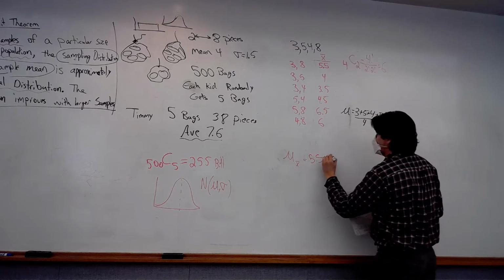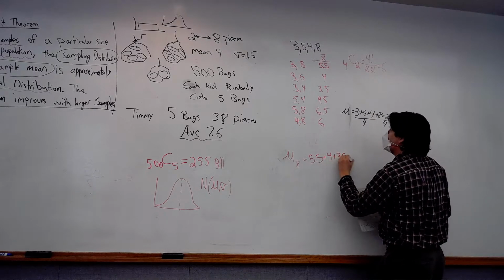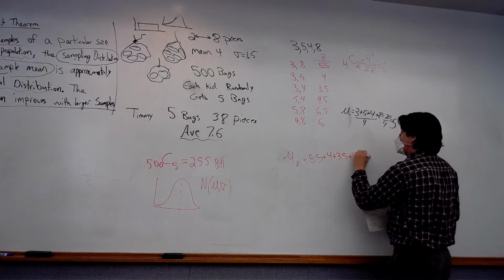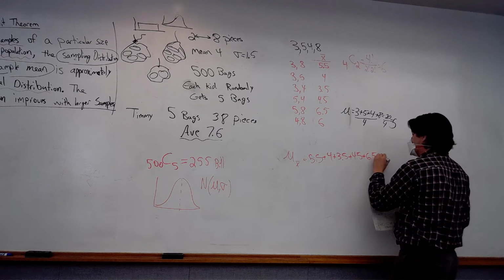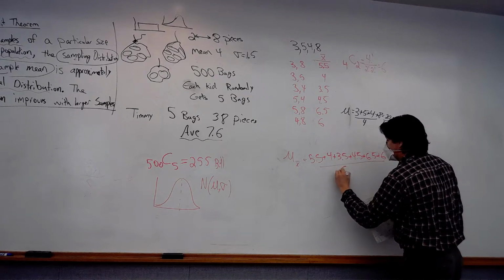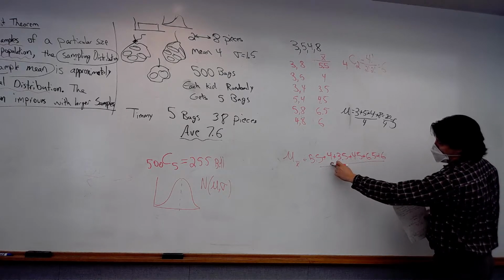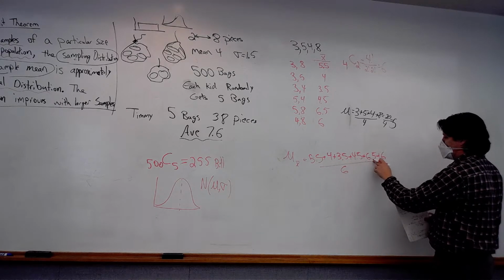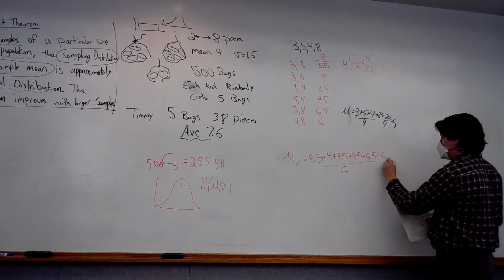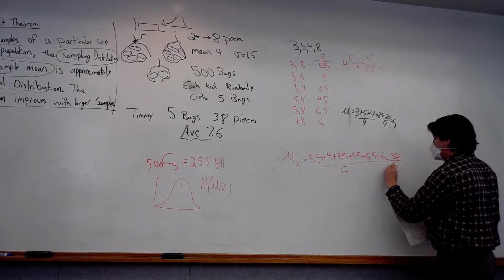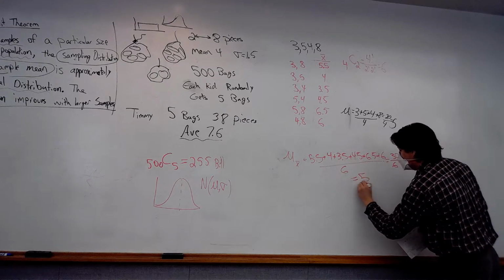5.5 plus 4 plus 3.5 plus 4.5 plus 6.5 plus 6 divided by 6, right? There's 6 combinations. So we get 9.5, 13, 24, 30. This is also equal to 5.